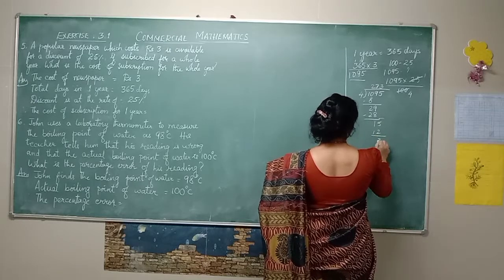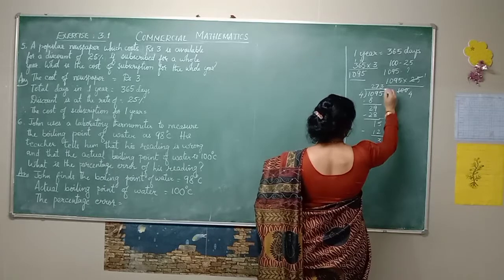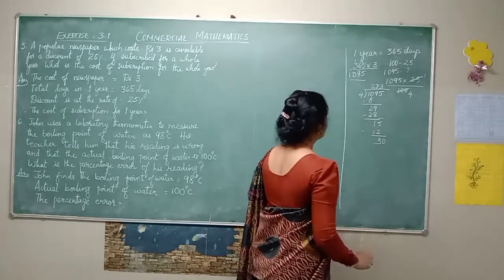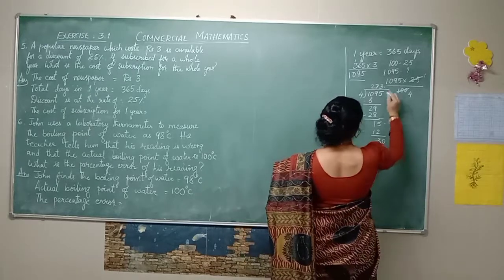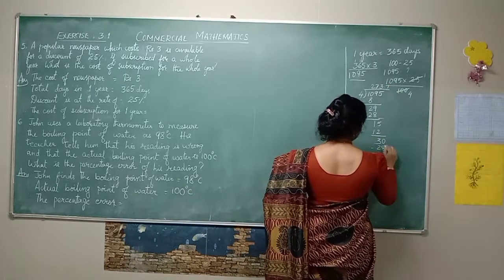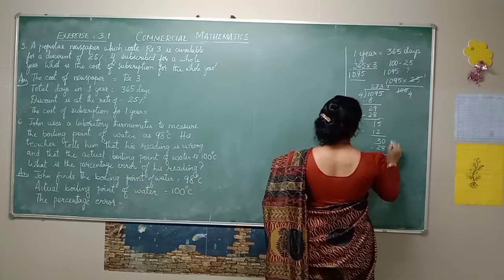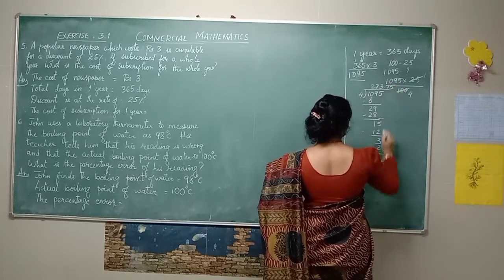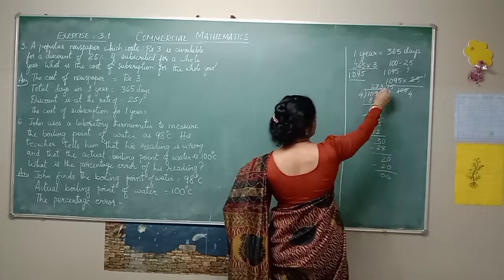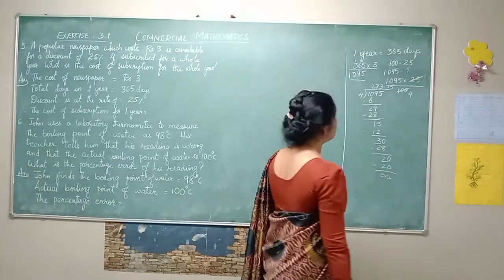Now you put the point, bring 0 down. 4 7s are 28, minus, so 2. Then again put 0. 4 5s are 20. So what is the amount? 273 rupees 75 paisa will be the discount.